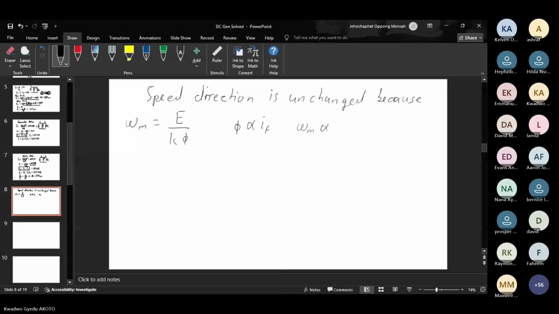Okay. So if the direction of our speed depends on the direction of our IF, we know that for a generator, IA is equal to IF plus IL, right? So for a generator, IF is equal to IA minus IL, right?